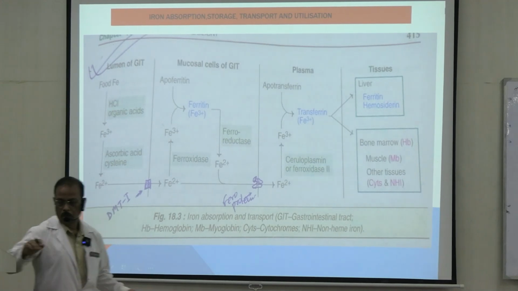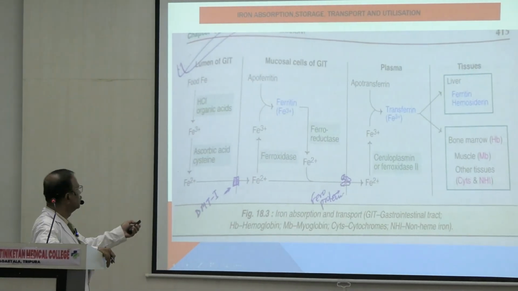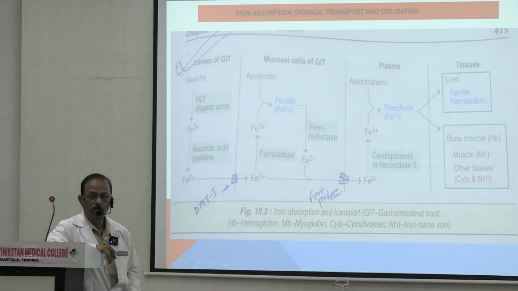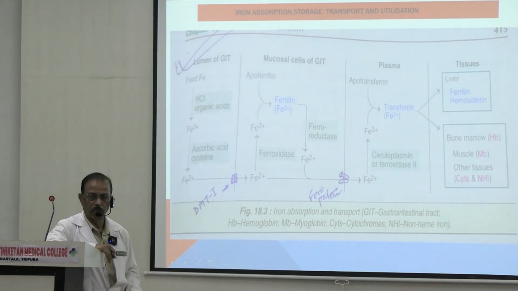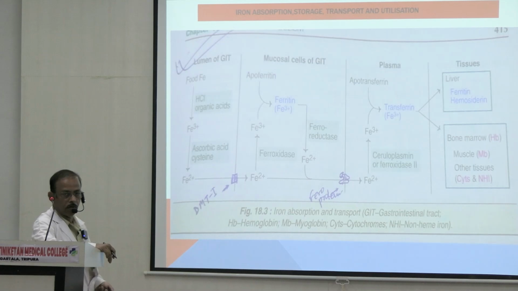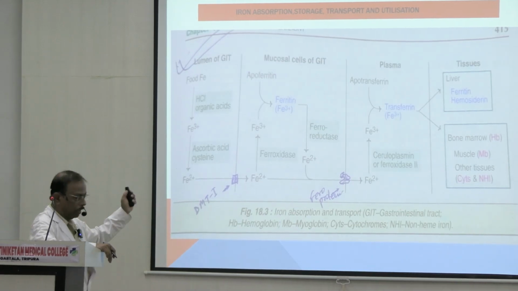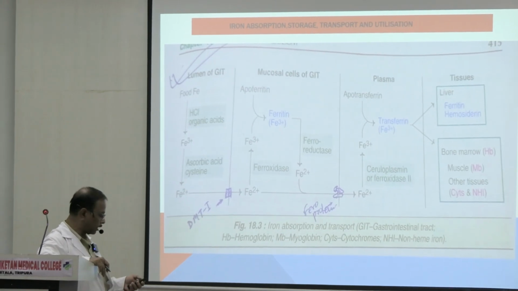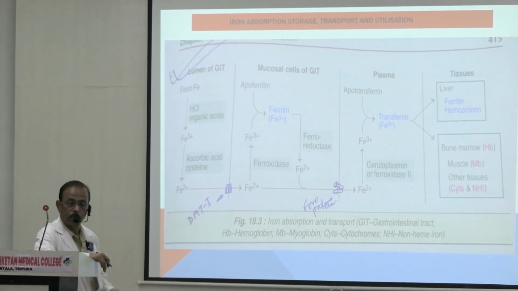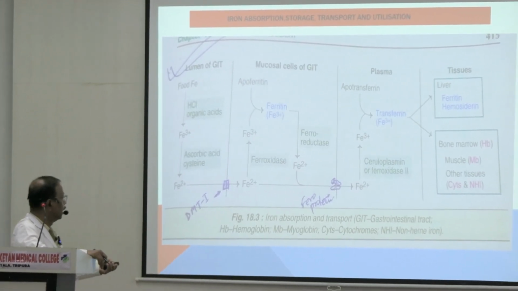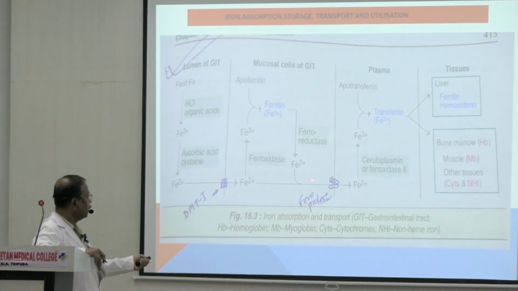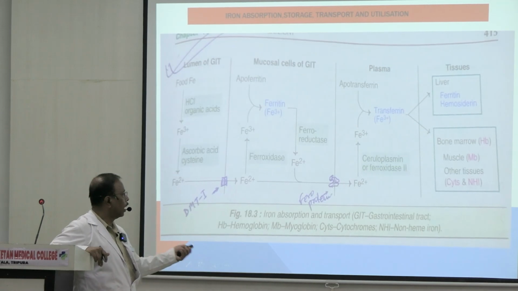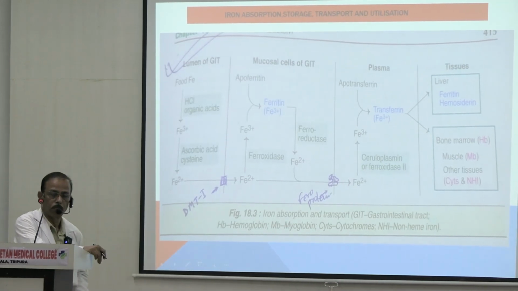Now at the time of necessity, this ferritin will release iron for utilization. So it has ferric form, it will be reduced to ferrous form by the ferroreductase in the duodenal cell and transported through this ferroportin carrier to the plasma.